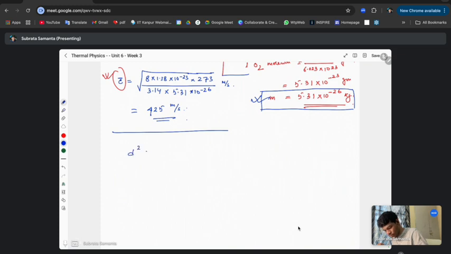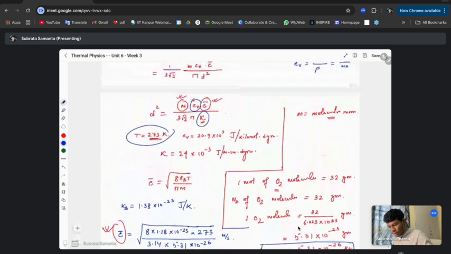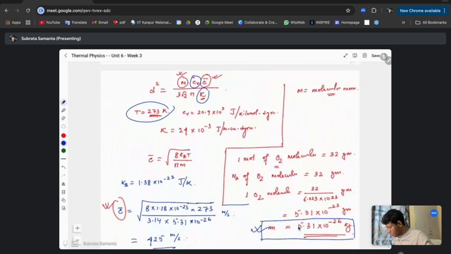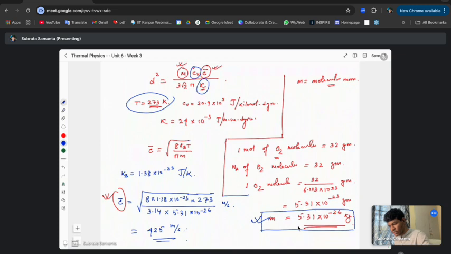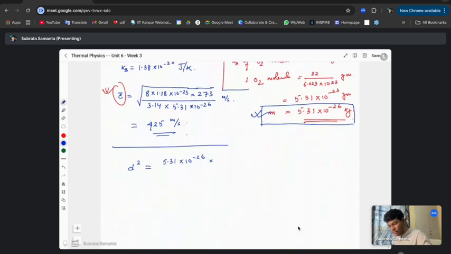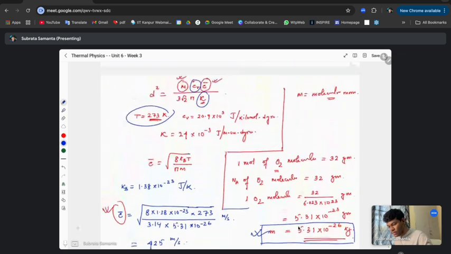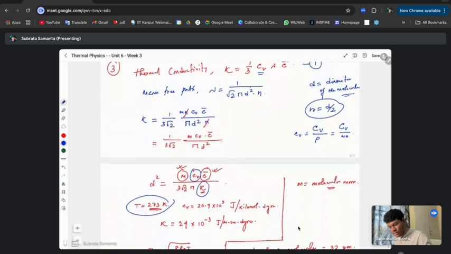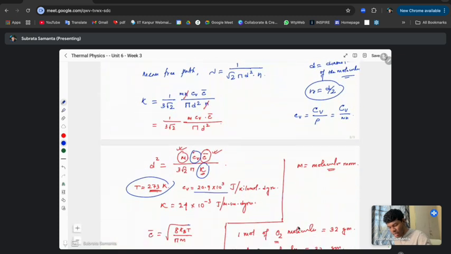The d square is equal to, first the value of m, 5.31 times 10 to the power minus 26 times CV, sorry, C average. So first write 425 and then CV. What is the value of CV? It is given, right? It is 20.9 times 10 to the power 3.